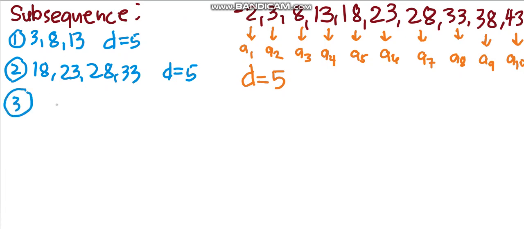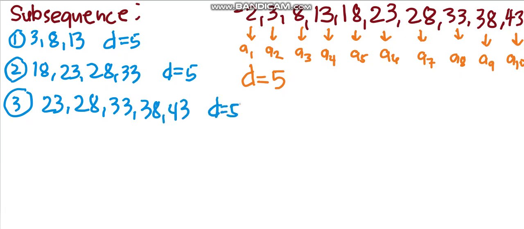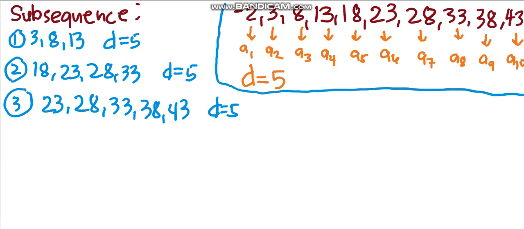So, for example, we have 23, 28, 33, 38, 43. Still, our D is 5. So, one characteristic of a subsequence is that the common difference is the same as the common difference of the original sequence.